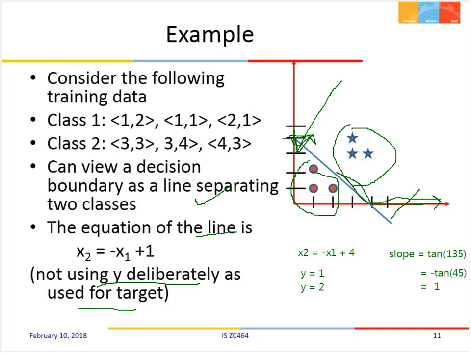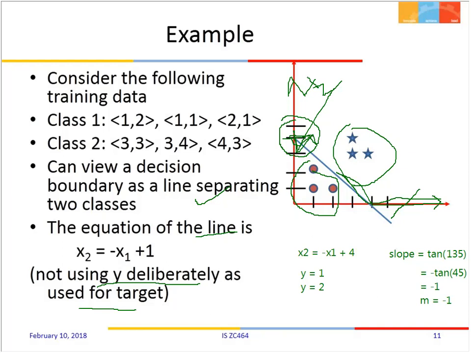And you can see that this line is cutting the y-axis at 4. x2 is representing the vertical axis, but I am not using y, because y represents the label. Since we will be handling data in multidimensional spaces, we will take x1, x2, x3, etc. to represent those axes.